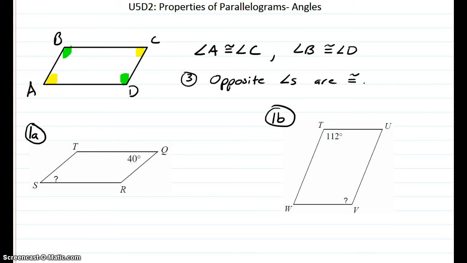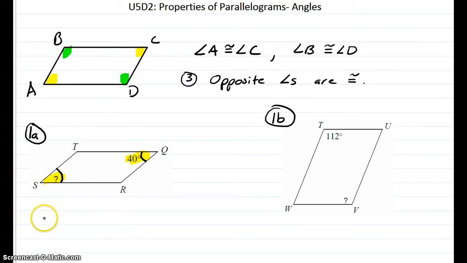Alright, so we just learned that the opposite angles are equal. So if I know that this is 40, that means that this angle is going to be 40. And I didn't talk about it up here, but in geometry we show that with an arc. So these two angles are congruent.